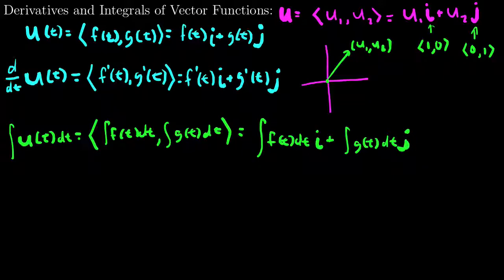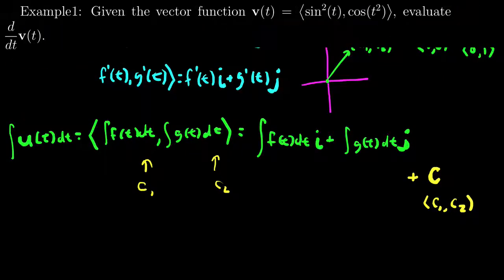Now, one last point before some examples. If I do this with an indefinite integral, I'm going to need to have two constants, c1 and c2. If I do it in this method, I can collapse both those into one arbitrary constant vector. That constant vector will be the vector c1, c2.